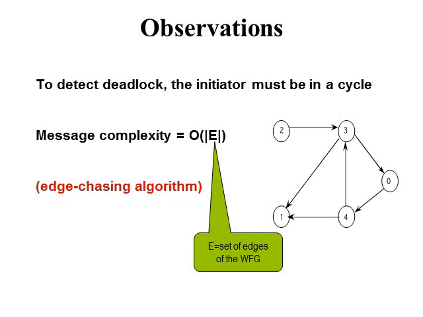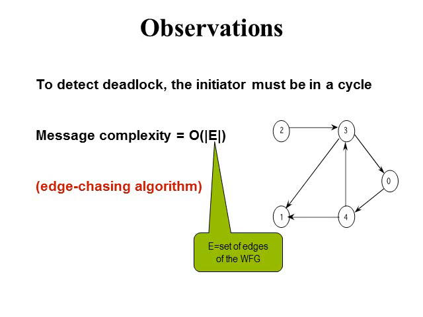So let's look at some of the observations we can make from the resource deadlock detection algorithm. To detect a deadlock, the initiator must be in a cycle. So when the probe was sent out by the initiator, it was finally received by the initiator in order to determine that a deadlock exists.